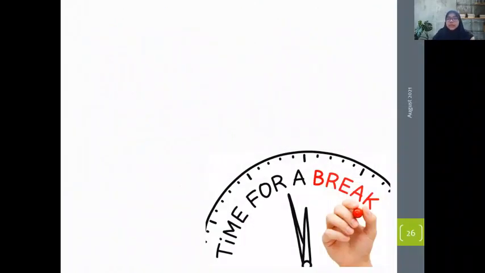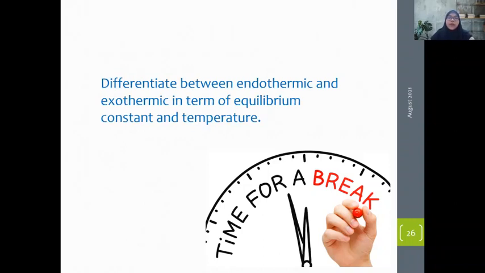Let's test your understanding. Differentiate between endothermic and exothermic in terms of equilibrium constant and temperature. For the endothermic, we have a positive value of delta H, and a negative value of delta H for exothermic.